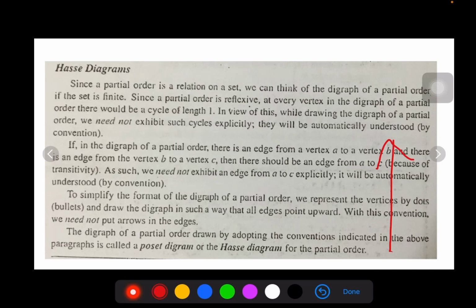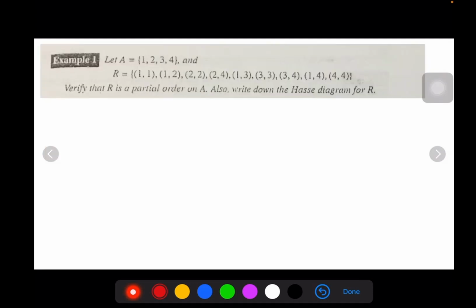That indicates that the direction is always upward, and all the edges point upward, and there is no arrow mentioned in that diagram. By default we have to assume there is an upward direction arrow, and the vertices should be represented in bullet form. For simplicity we have taken this.